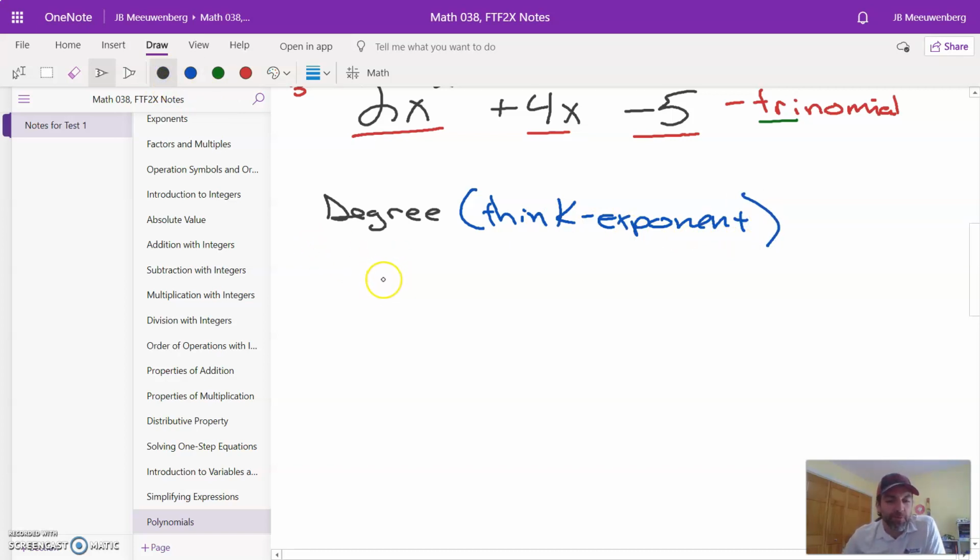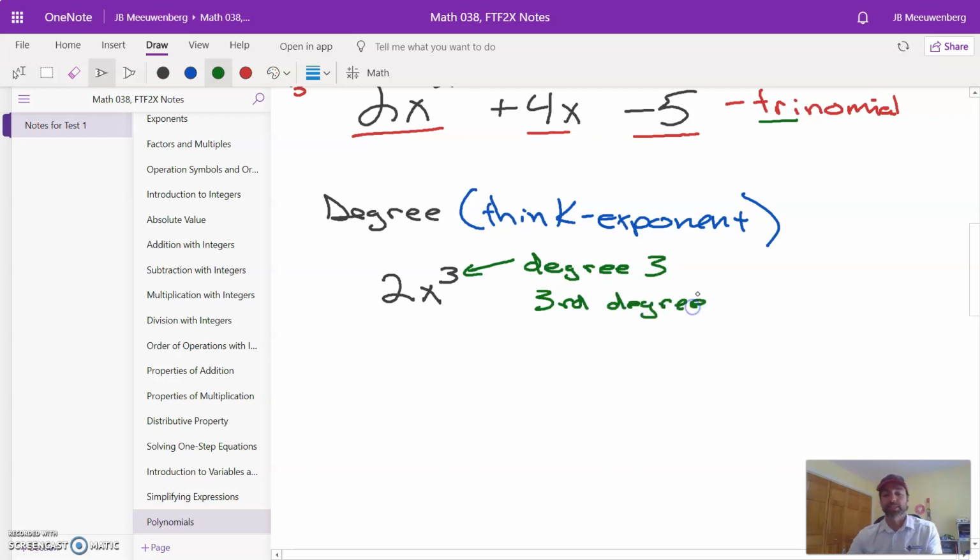So this first polynomial, let's say 2x to the third. We would say that this is a monomial because it has one term, and it is degree 3. Or we would say it's third degree. Okay, because that's the exponent.